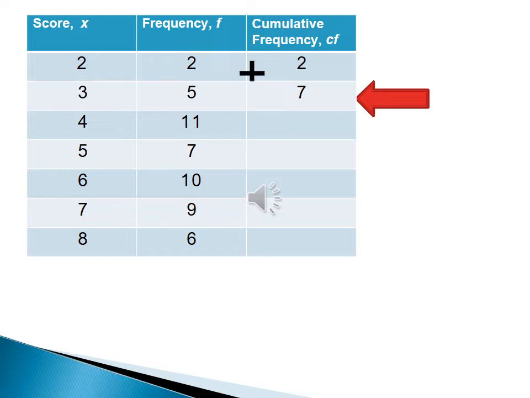Similarly for the next value we add 7 to the original frequency value 11 and get the cumulative frequency 7 plus 11, 18, and similarly 18 will be added to the 7.